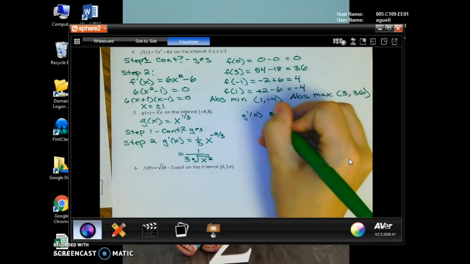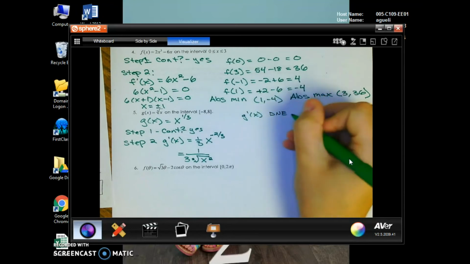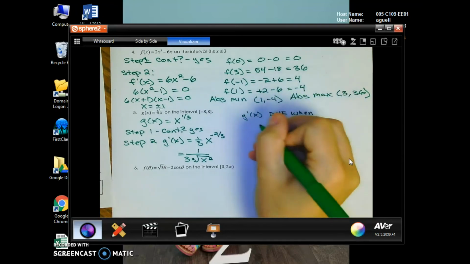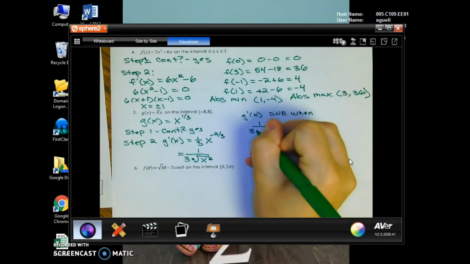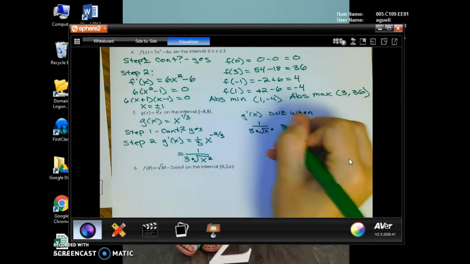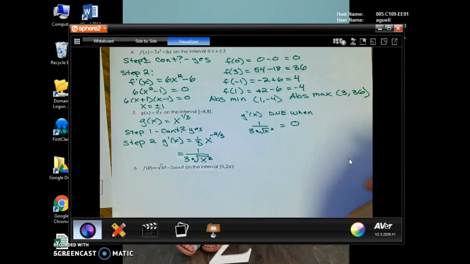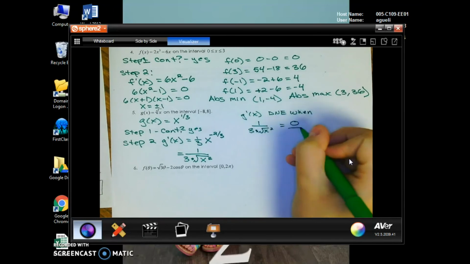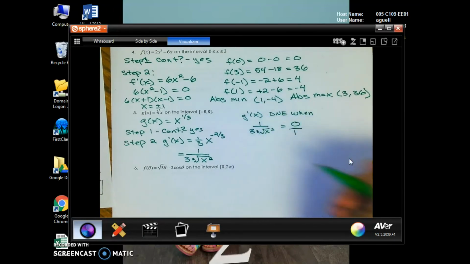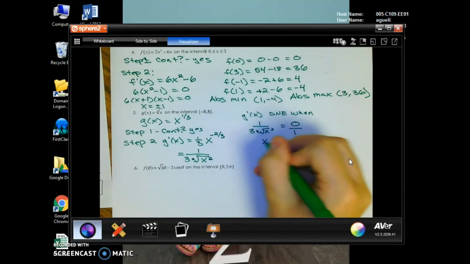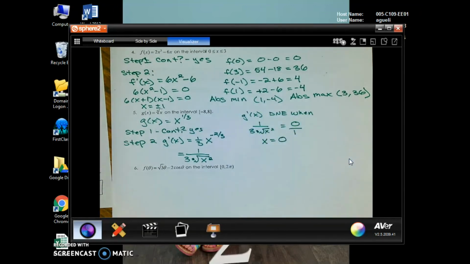So the derivative does not exist when 1 over 3 cube root of x squared, when the denominator equals 0, that's a problem. To do that, you could put that over 1, cross multiply, and solve for x. Either way, you'd get when x is 0, that is what gives you some bad news.